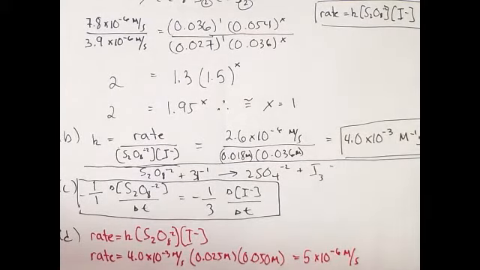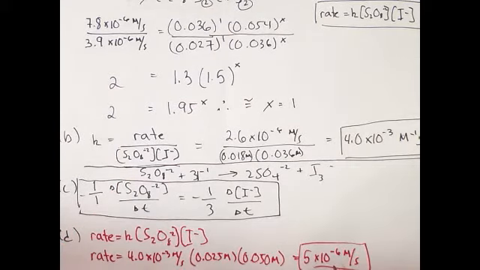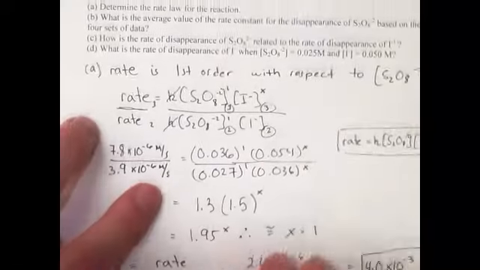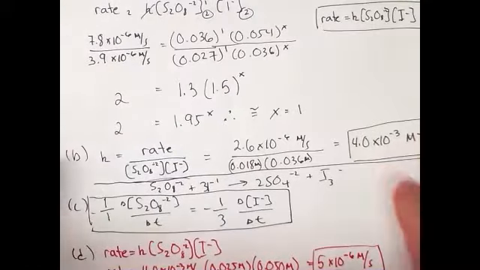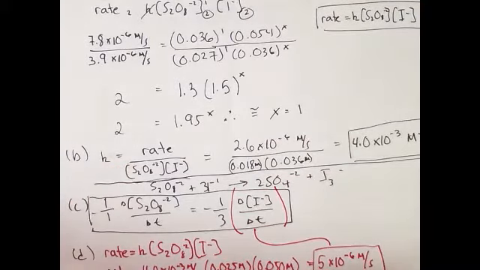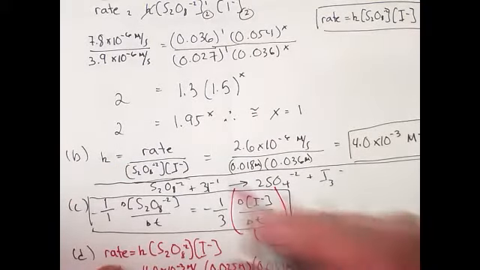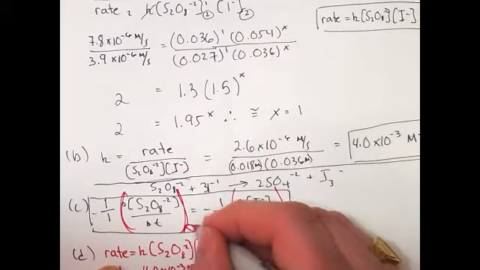So 5 times 10 to the negative 6 would be the rate, and this is of course with respect to S2O8, and the question asks with respect to iodide. So I need to go back to my equation here, take this and substitute it into this side, sorry.